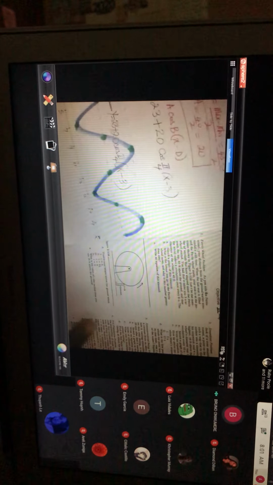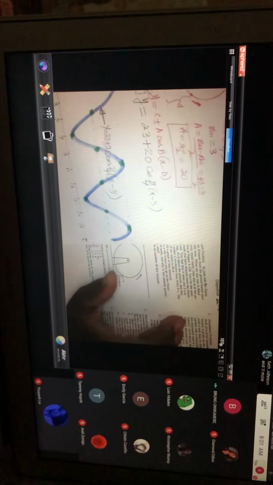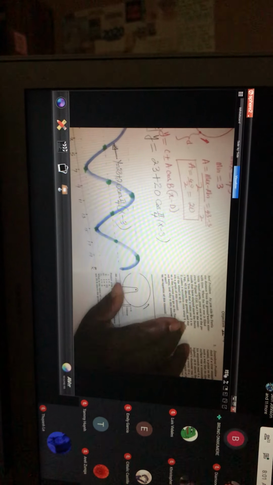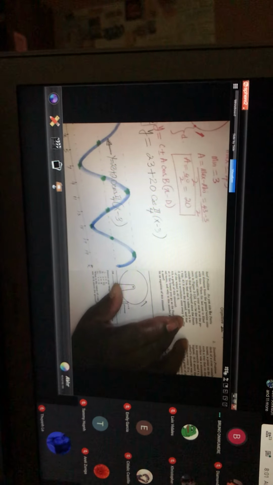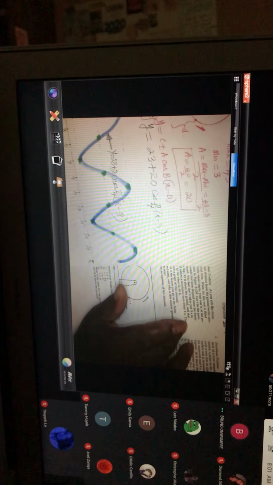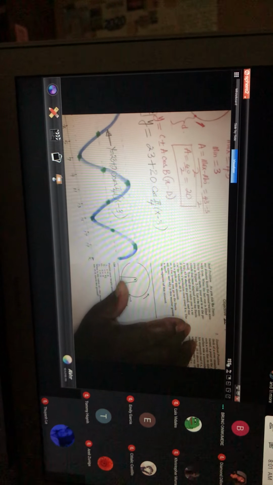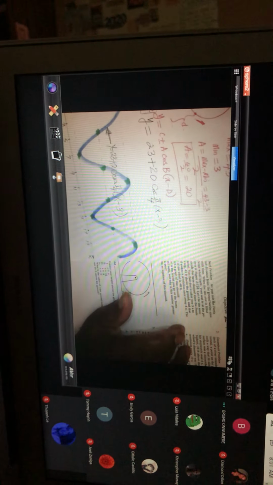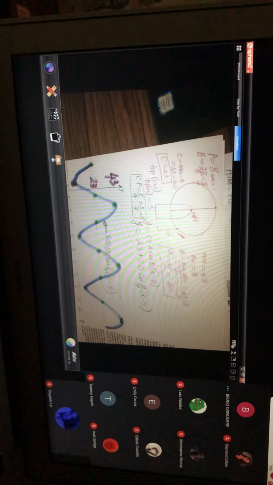We look at all the information given to us. They gave us the maximum. We use the diameter to get the minimum. Minimum is 3, maximum is 43. From there, we find the amplitude, because there's a formula to find the amplitude. Everybody write it down. Now, after we find the amplitude, we can go and find the C value, the vertical shift.